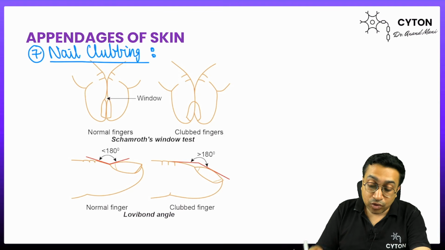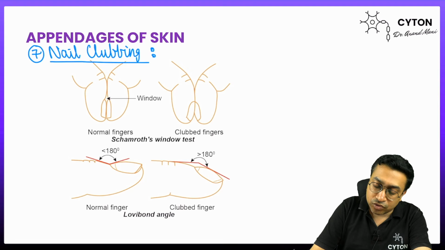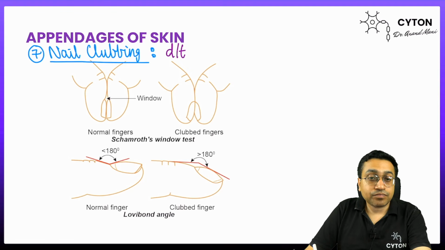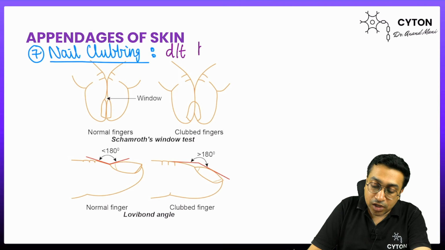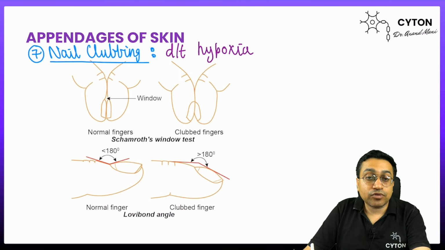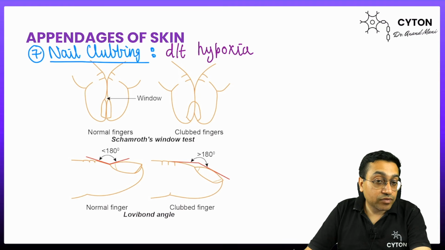So what is the cause behind nail clubbing? This is due to the reduction in the amount of circulating oxygen, so due to hypoxic changes. Hypoxia causes proliferation of the nail bed, resulting in clubbing.